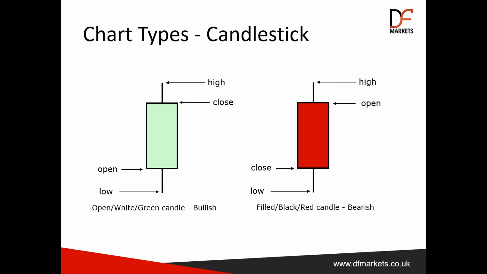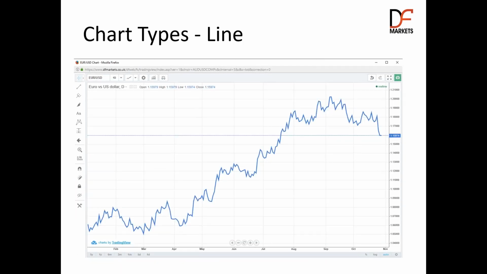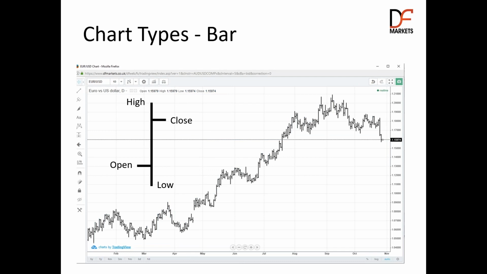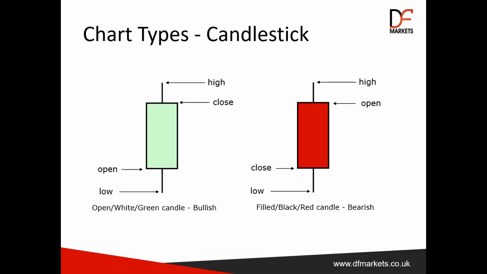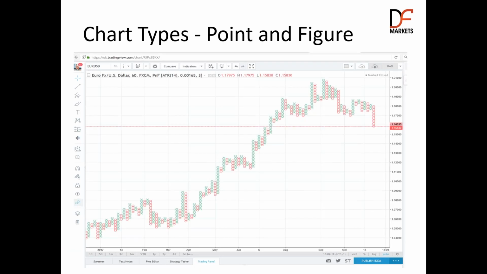Let's just flick through: there's our line chart, bar chart, candlestick chart, point and figure chart, all very similar looking because they're using the same data, but expressing it in different ways. The point and figure chart was widely used 100 years ago.